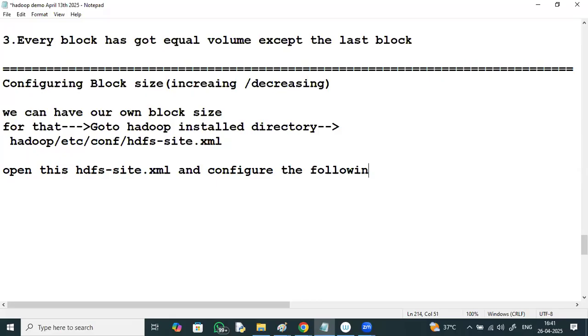Configure the following. See the configuration: like how XML tags will be there, configuration opening and closing /configuration. Within that, property, and /property.